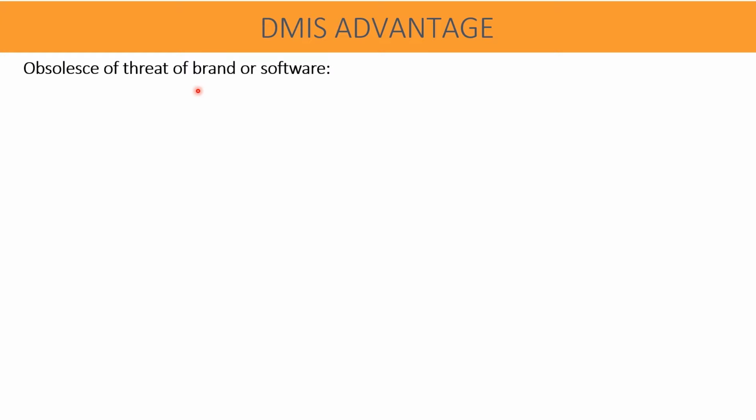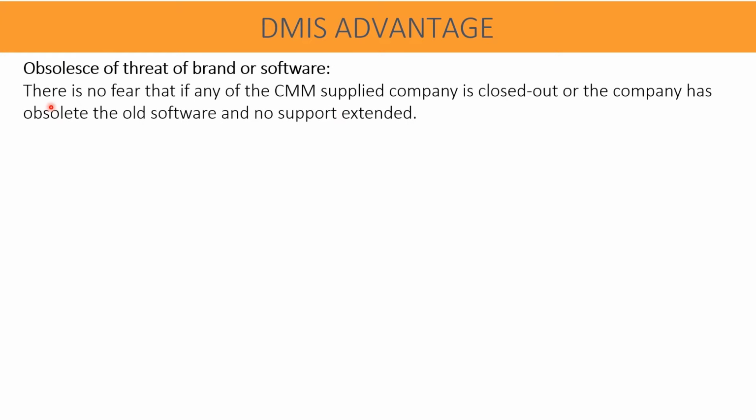Absence of threat of brand or software: there is no fear that if a CMM supplier company is closed out or the company has made the old software obsolete, no support will be extended.